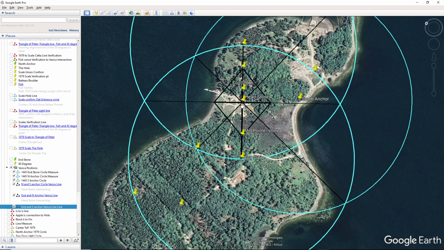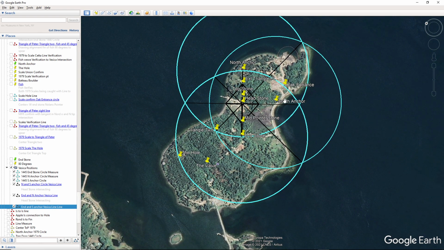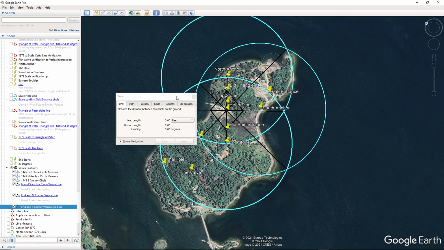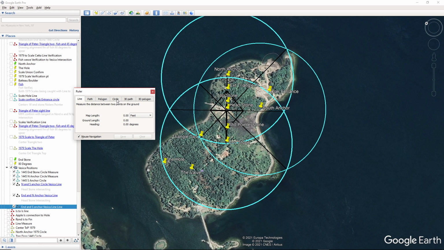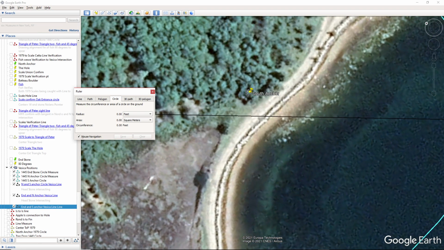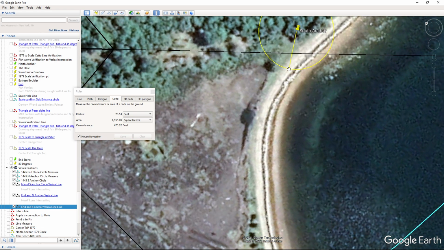They cross at the center. Now, if you take this south anchor, I mean, there's no way that that can't be precisely done.